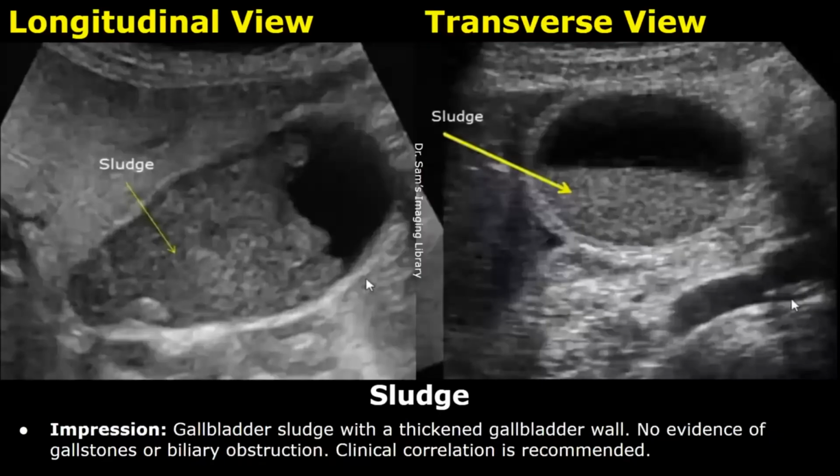In the impression, you can write gallbladder sludge with thickened gallbladder wall. If there are no gallstones or biliary obstruction, you can write this line, and then you can write clinical correlation is recommended.